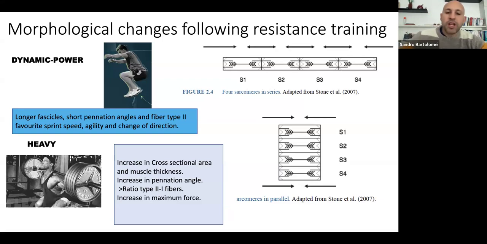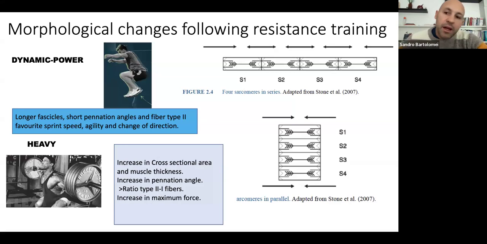Okay, so agility and change of direction together with sprint and power can be greatly affected by these morphological changes. On the contrary, if I work only in the gym, especially with slow contractions, I may obtain an improvement in power, of course, because if I increase my maximum strength, at the end, I may also be able to produce more power.